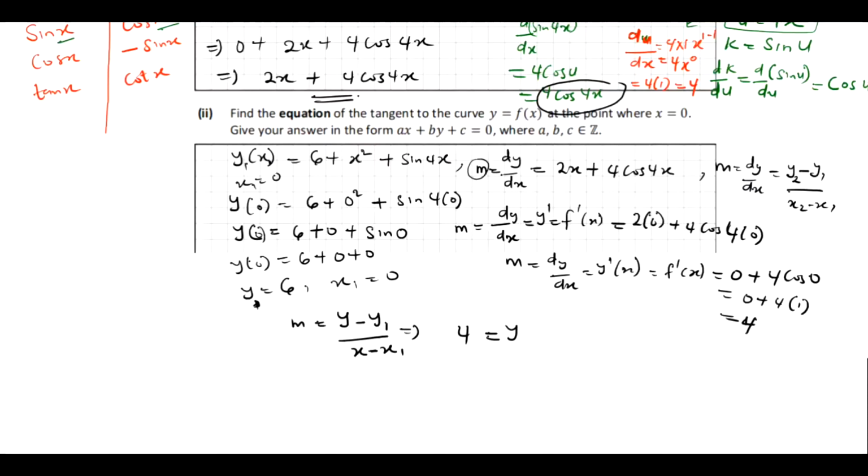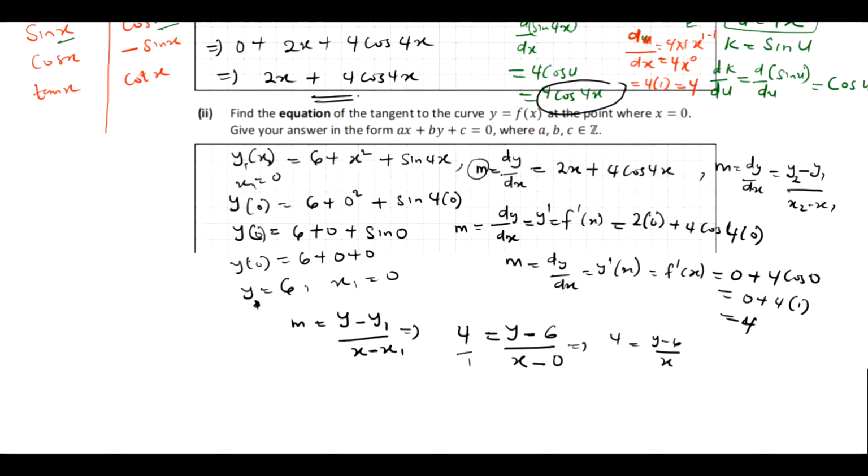Another way you can write this kind of question is, let's continue. 4 is equal to y minus y1, which is 6, over x minus 0. I cross multiply, so I have 4 equal to y minus 6 over x.